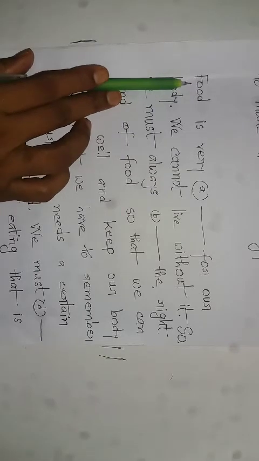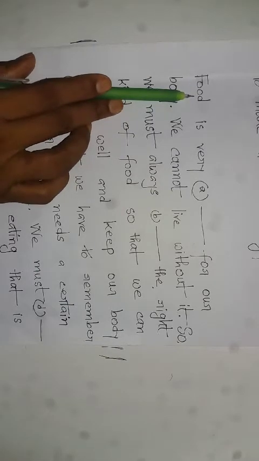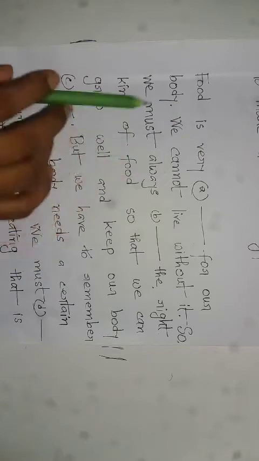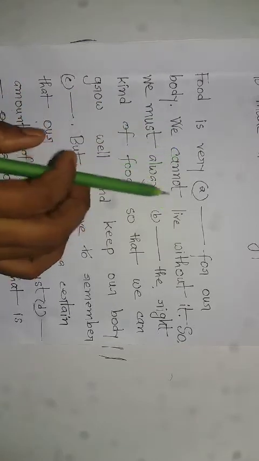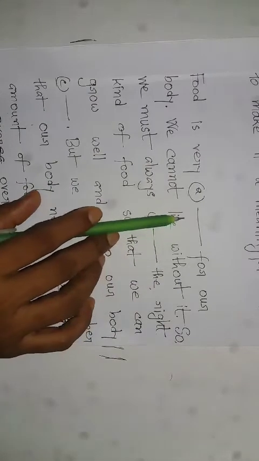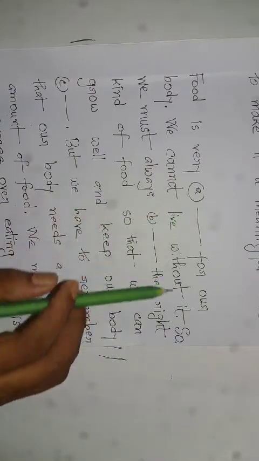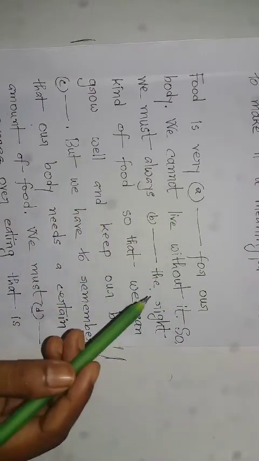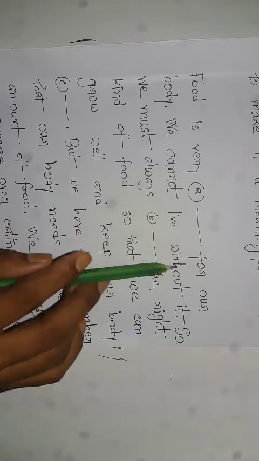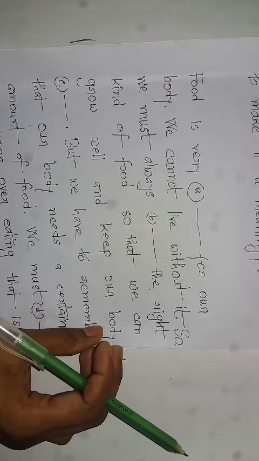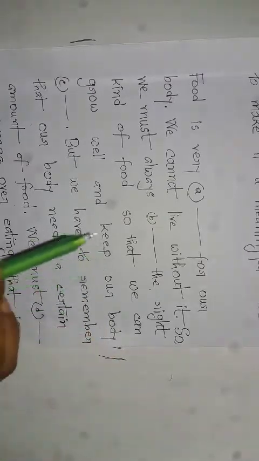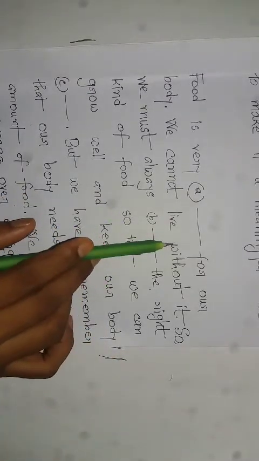Here food is subject, is linking verb, and after linking verb you need a complement. In this sentence an adjective complement is required. In this way you may find out the missing word to complete the sentence.